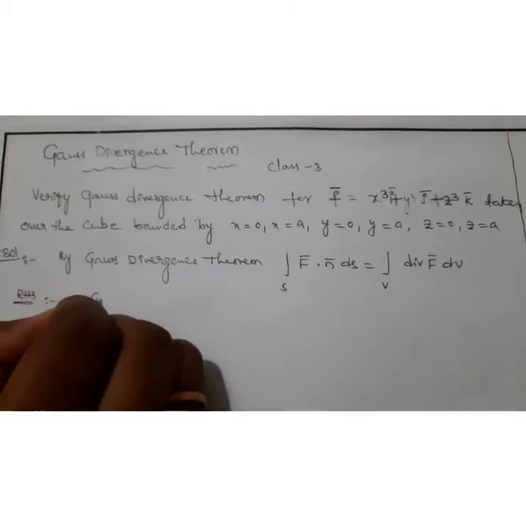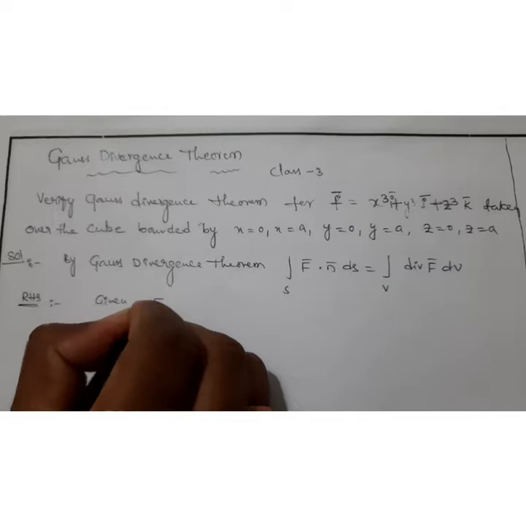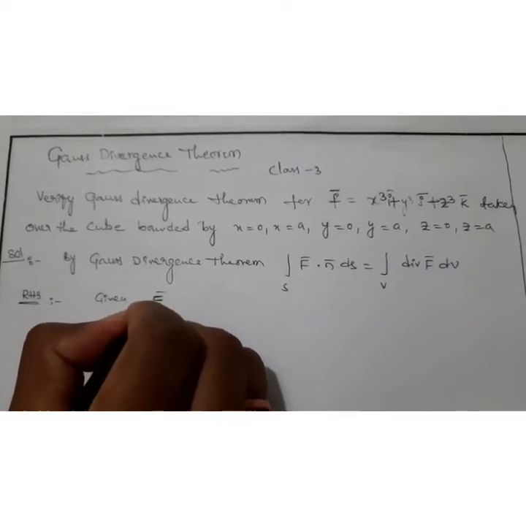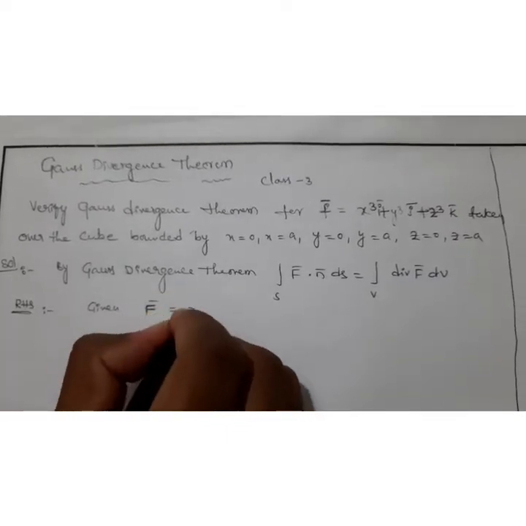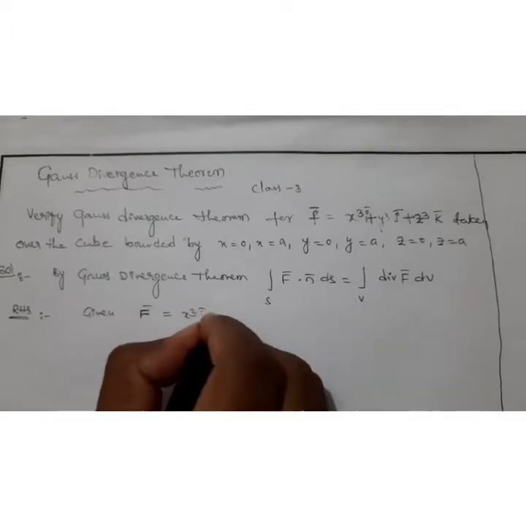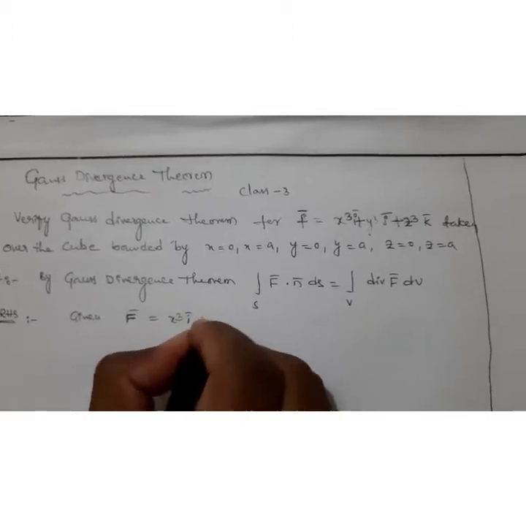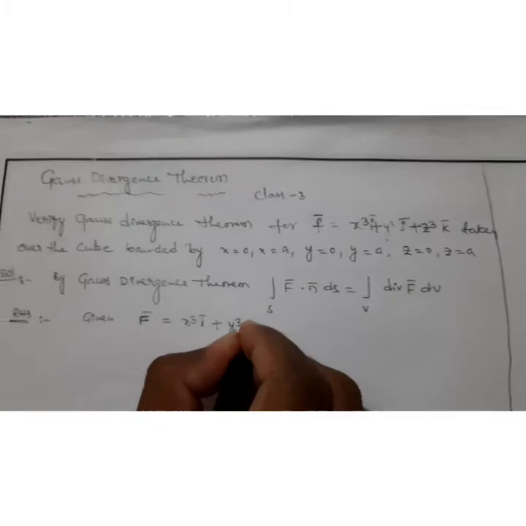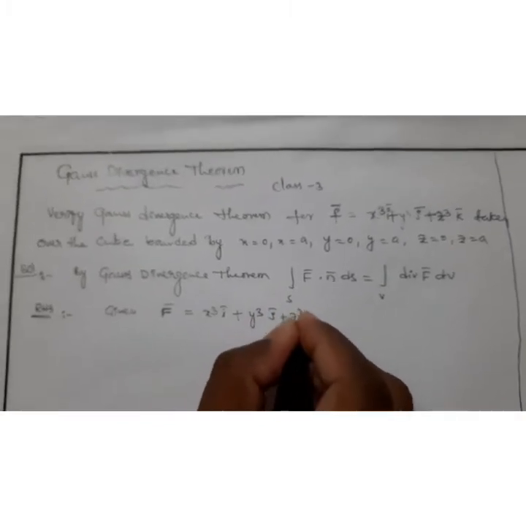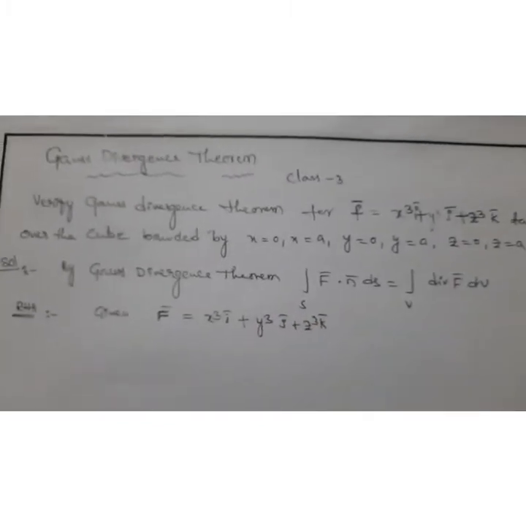Given the force vector F bar is equal to x cube into i bar plus y cube into j bar plus z cube into k bar.